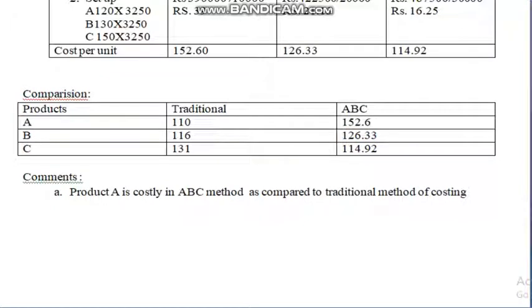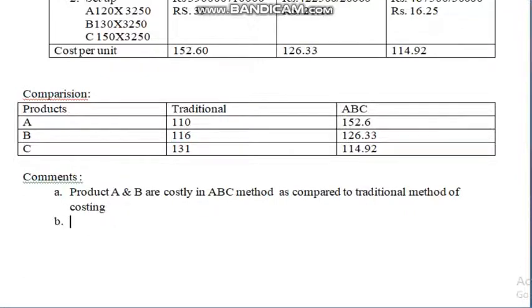So we'll make a single comment: product A and product B are both costly in ABC method as compared to traditional method of costing, because in ABC method the cost of product A is 152 rupees, but in traditional method only 110 rupees. And the same, product B is also costly in ABC method, 126 rupees for 1 unit, but in traditional method only 116. So under ABC method of costing, product A and product B were costly.